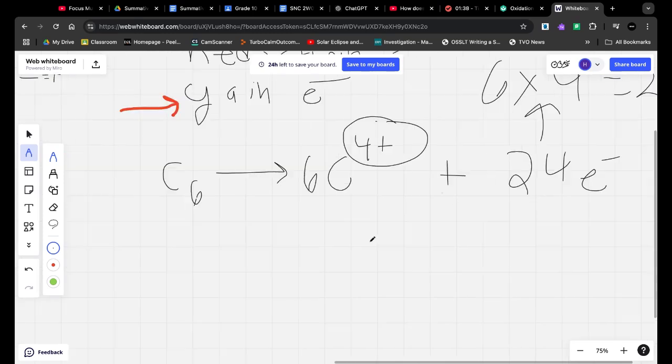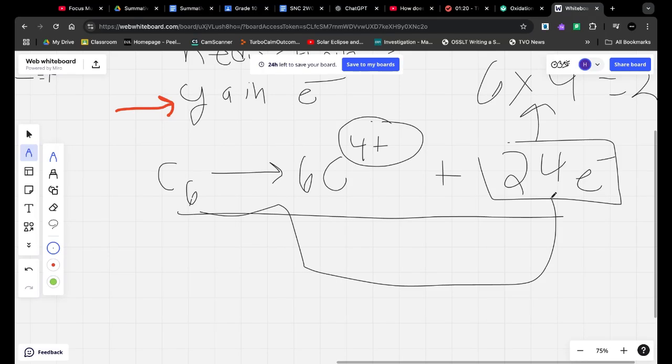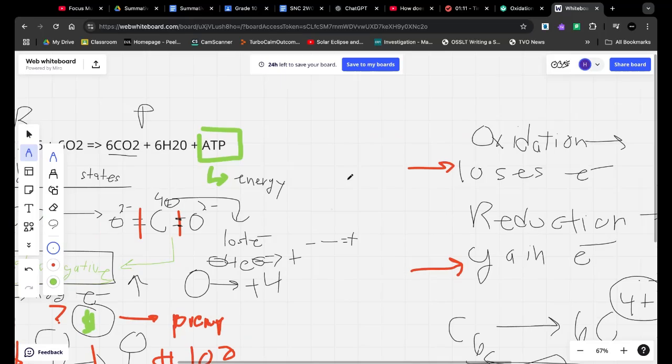We have to write it this way because you can never write a minus sign in chemical equations. So we write C6, which turns into six carbons with a four plus oxidative state, and a second entity, the 24 electrons that we lost. These six carbons lost those 24 electrons when they became oxidized.